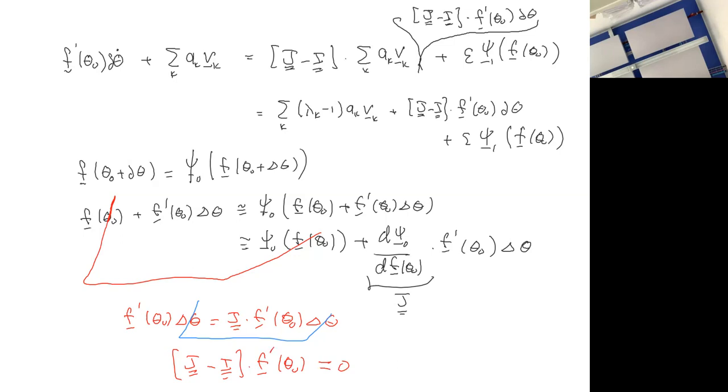It also tells us that J dot f prime of theta naught equals f prime of theta naught. So this is an eigenvector of J. Okay.